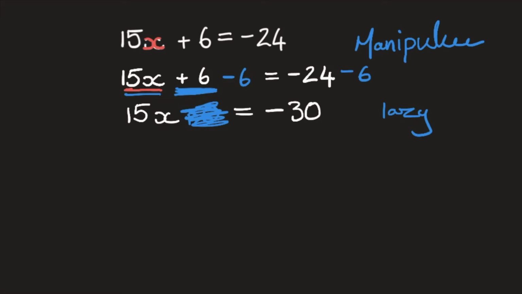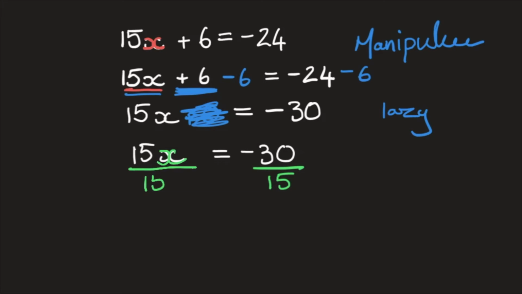The next thing we need to figure out is what times 15 gives us -30. And in order to find that out, we're going to divide -30 by 15, because then we'll figure out what value is multiplied by 15. In effect, we want to isolate x, which means that we need to get rid of the 15 that is multiplying it.